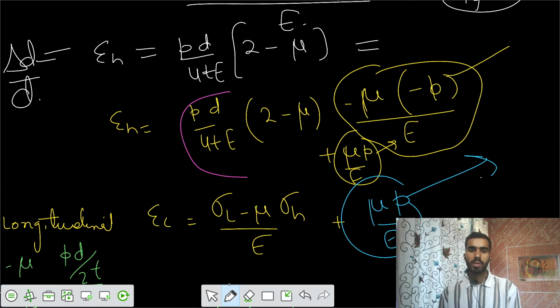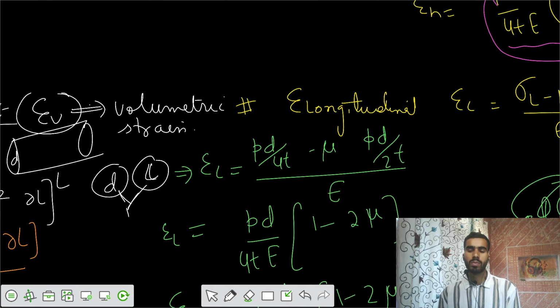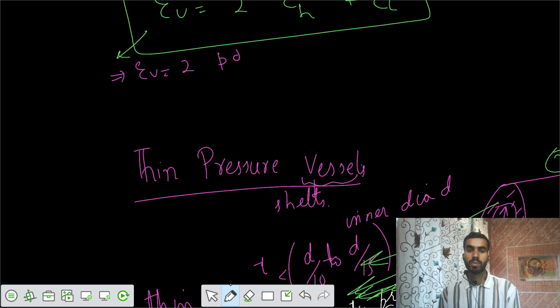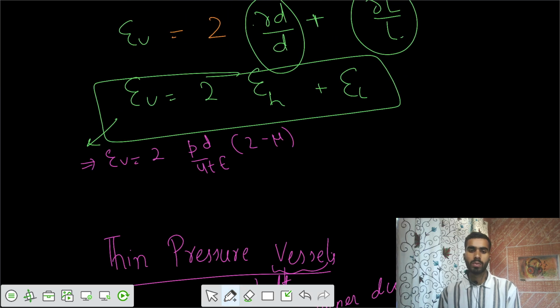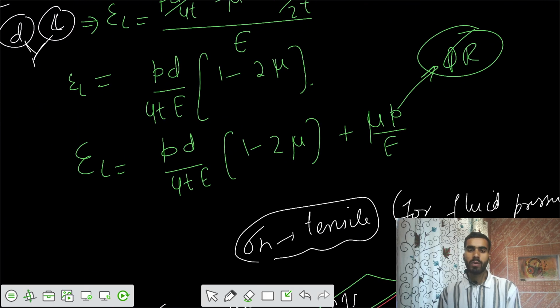That's PD by 4TE, and the effect of this one is also mu P by E. So this part is your PD by 4TE times 2 minus mu, plus longitudinal strain equals PD by 4TE times 1 minus 2 mu.